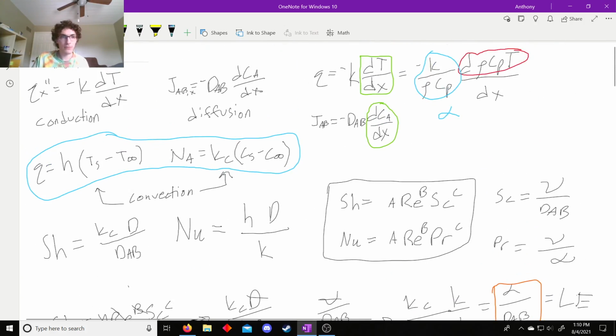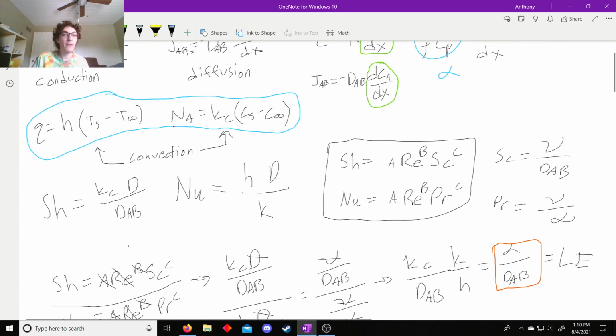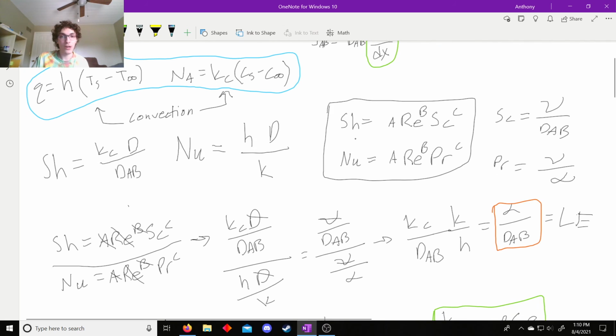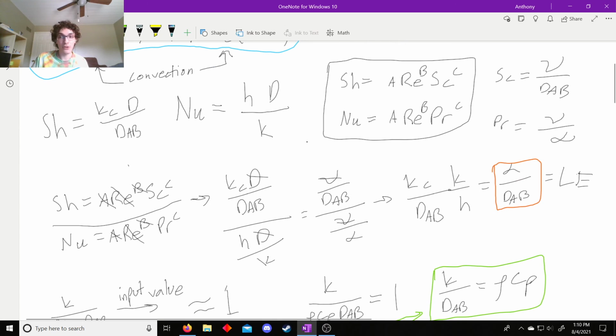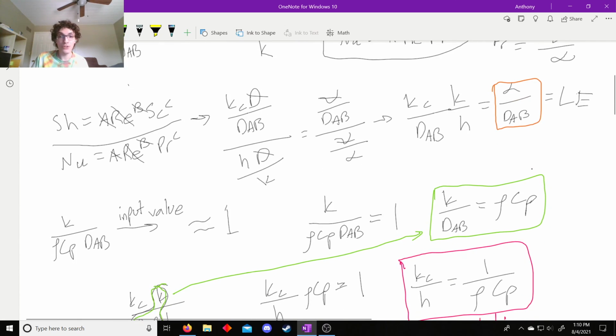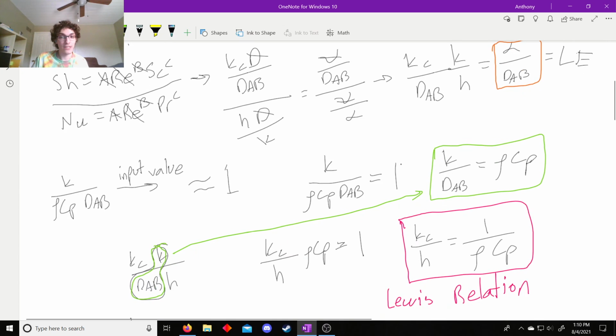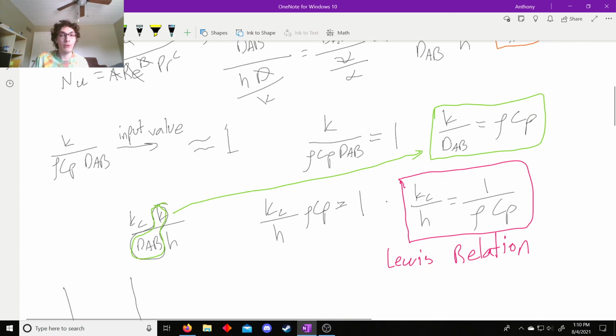So just going back over this briefly, we talked about analogies between heat and mass transfer, and from that we were able to relate the Sherwood and the Nusselt numbers into something called a Lewis number, which we found that the Lewis number for moist air is actually 1, and because of that we can say that the Lewis relation means that the ratio of the mass transport coefficient to the heat transport coefficient is actually 1 over the volumetric heat capacity.